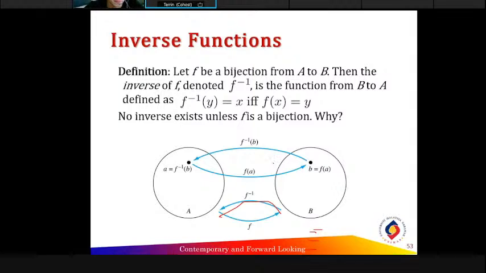So now when you're trying to invert the function, you get the case of these elements which are not going to have any assignment. And then again, it violates the function rule. So to invert a function, it has to be both injective as well as surjective.